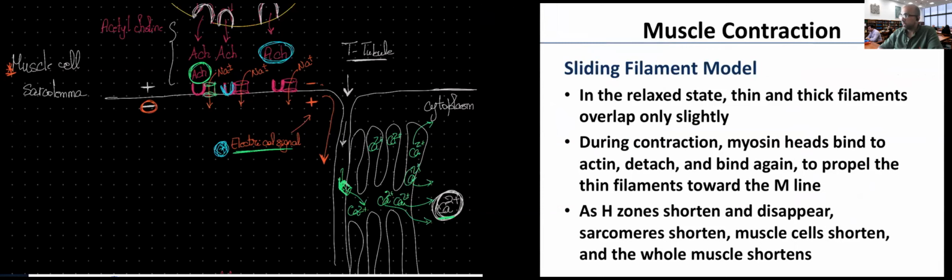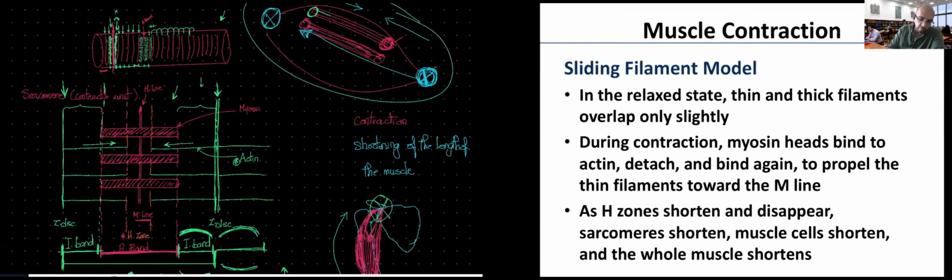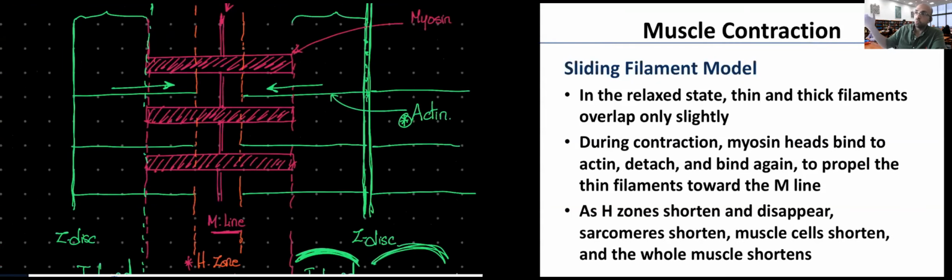Sliding filament model. In a relaxed state, the thick and thin filaments overlap slightly. During the contraction, the myosin heads bind to the actin, detach, bind again, propelling the thin filaments to slide towards the M line.